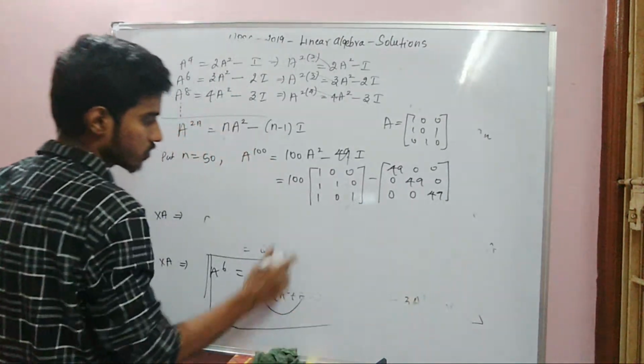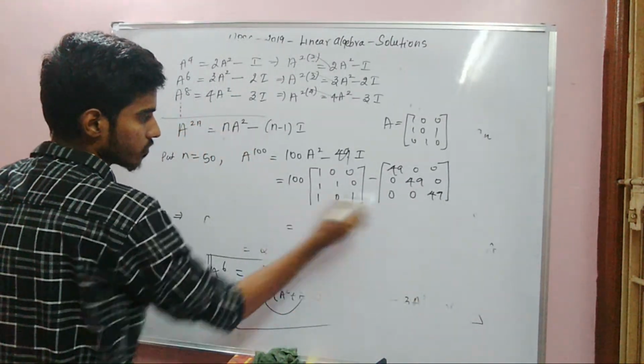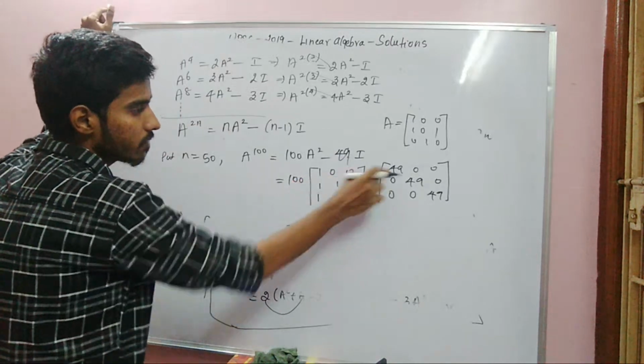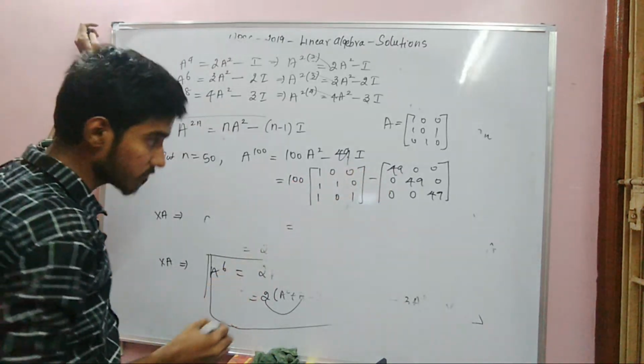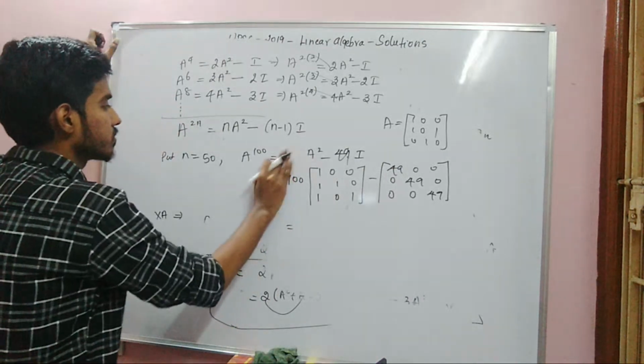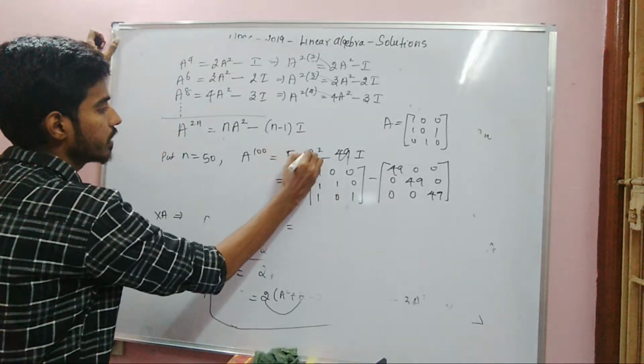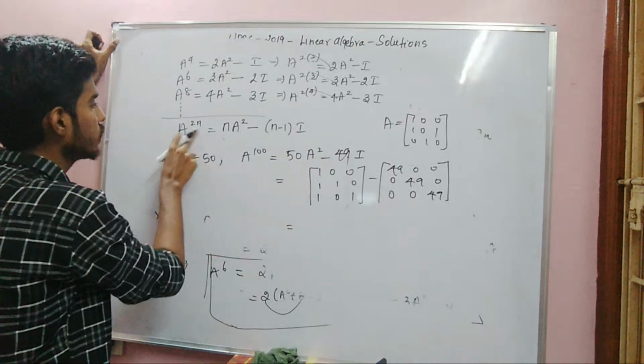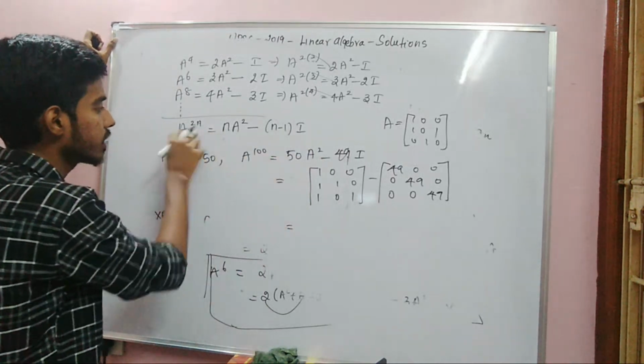So the first term will be, we subtract these two matrices. Sorry, n is equal to 50, right? N equal to 50 means 50A square, then only we get A power 100 here.